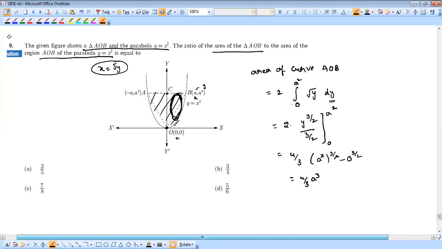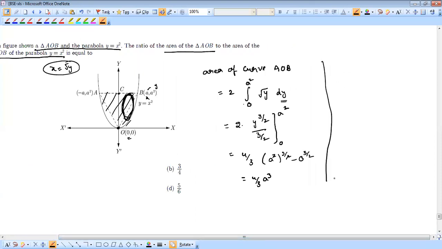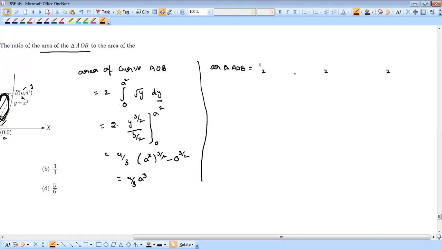Next, there is another one, the triangle. We know the area of a triangle is half into base into height. Once again, half into base.